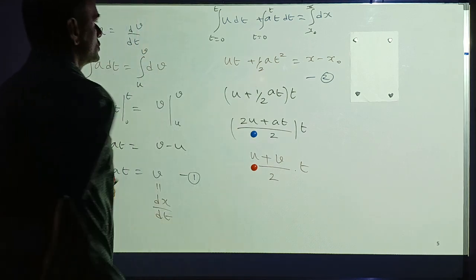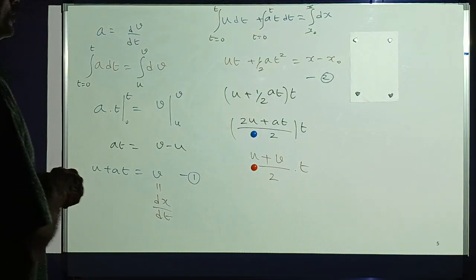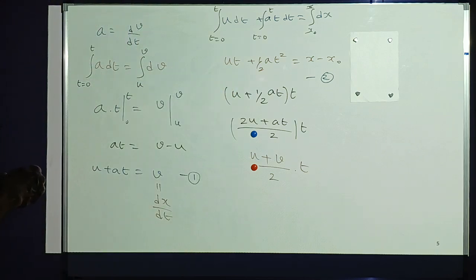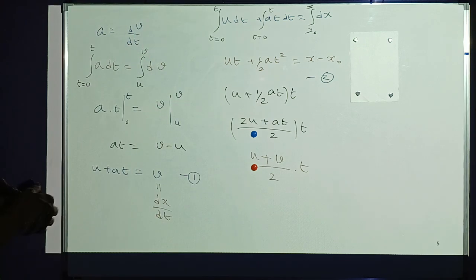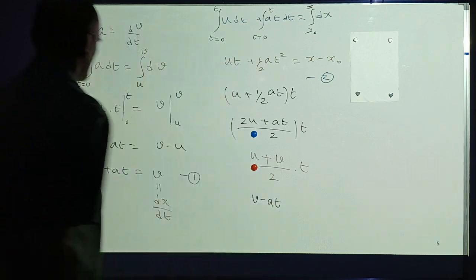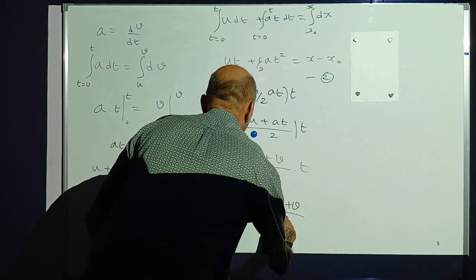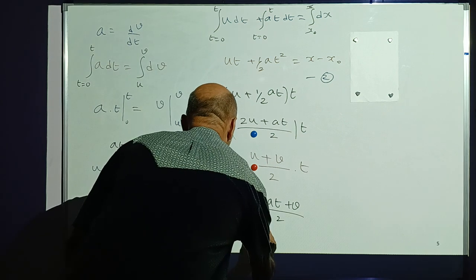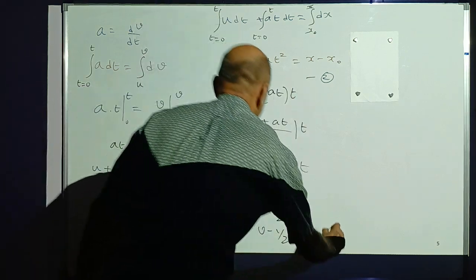And this thing is displacement in terms of initial velocity and time. So here also I can get in terms of final velocity. Instead of ut, I can get in terms of v. Here itself I can write u as v minus at. U is nothing but v minus at plus v by 2. I am eliminating u, so this will give me v minus half a t square equal to the displacement x minus x naught.